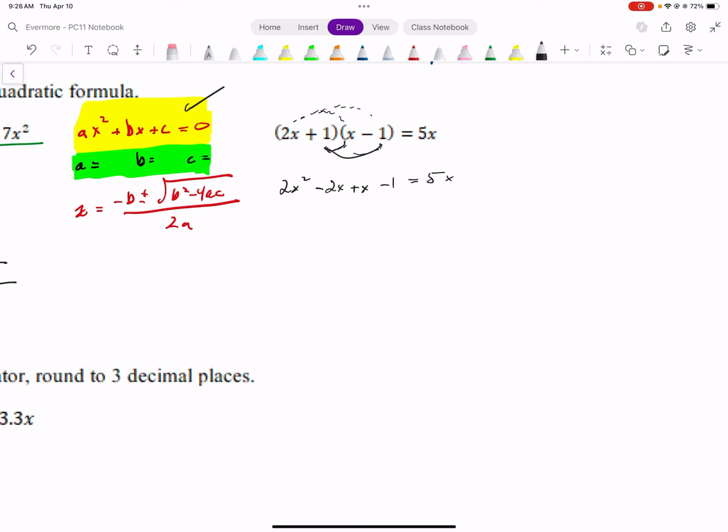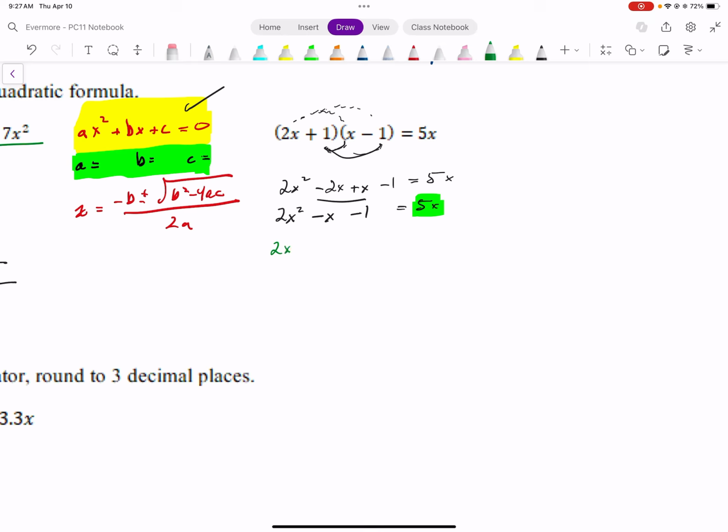I'm just going to clean up the left-hand side a bit. 2x squared. I'm going to collect my like terms here. So negative 2x plus x yields negative x. Minus 1 is equal to 5x. Now I'm going to let one side equal 0, and I'm going to subtract 5x from both sides.